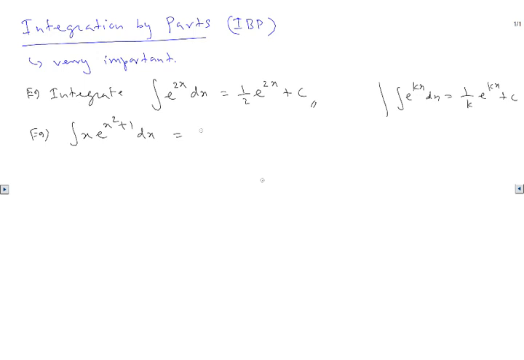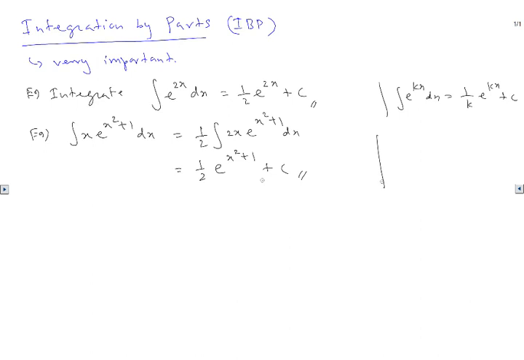For example, you can write this one as 1/2 times 2x e to the x squared plus 1. Then from the four formula, you can write the answer. So what is that? It's 1/2. Since we see the derivative, the answer is e to the x squared plus 1 plus c from the formula.